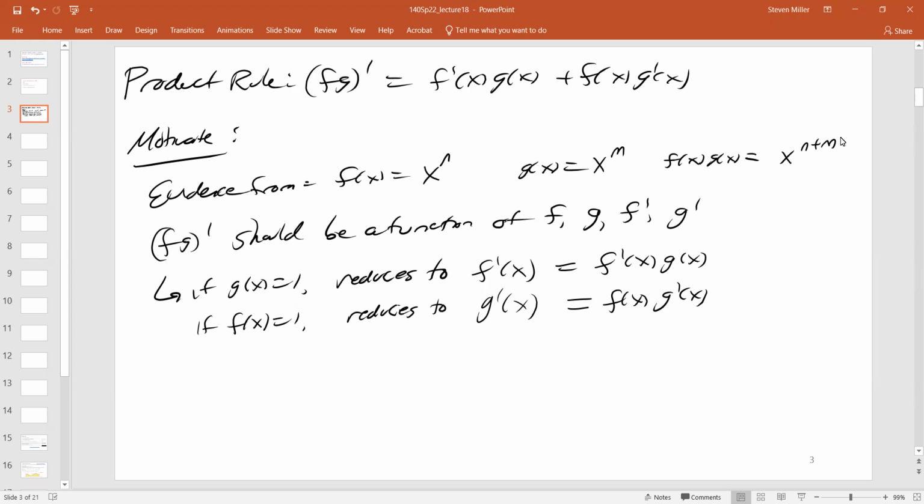As in this case, g of x is 1, and in the second case, f of x is 1. It's hard to see how to put in 1. But at the very least, we know it has to depend on f prime and g prime. How it depends on them, whether f and g come into play as well, is not as clear.